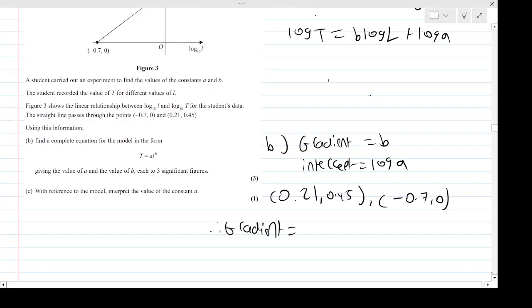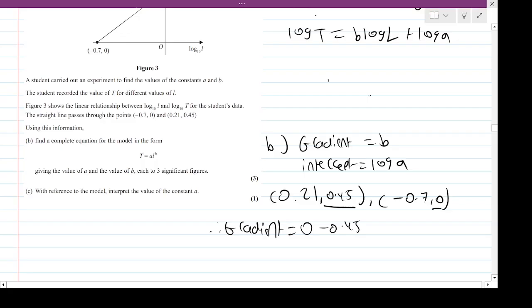The gradient between these 2 points: you can think of it as change in Y, so 0 take away 0.45. Of course, it's not Y, it's log T, but it's kind of what we're doing. Then the change in X, so minus 0.7 take away 0.21. If I put that in the calculator, I get 45 over 91.